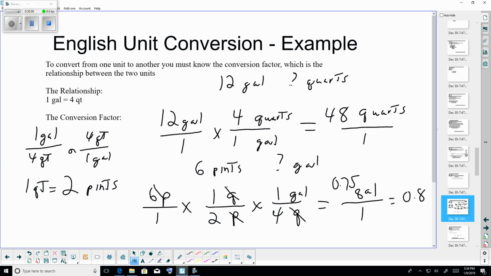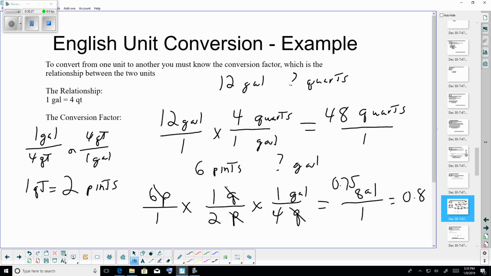So I had to use 2 conversion factors. Later on, when we get to stoichiometry, you might have to use 3 conversion factors. But as long as you have the equalities, you can convert anything into anything else. This is the process.